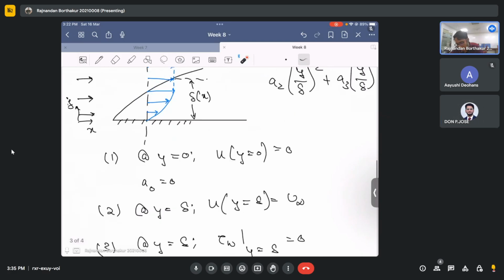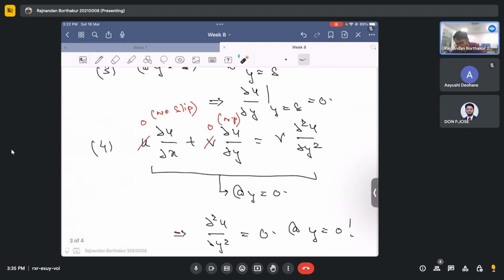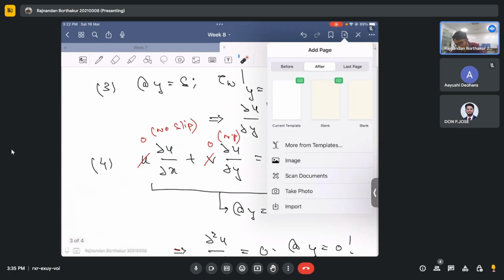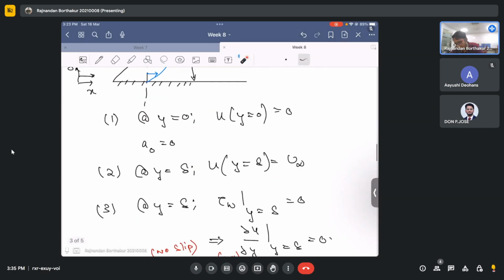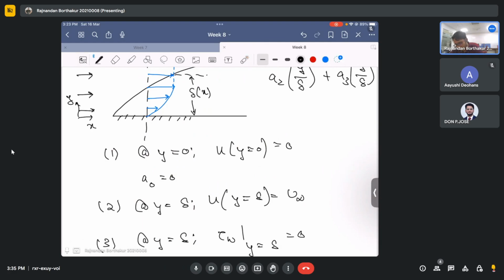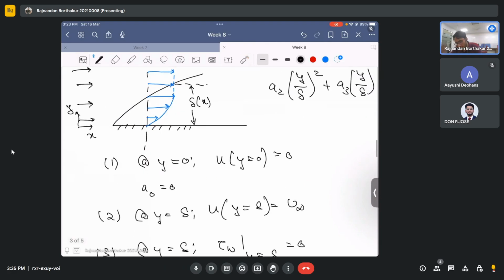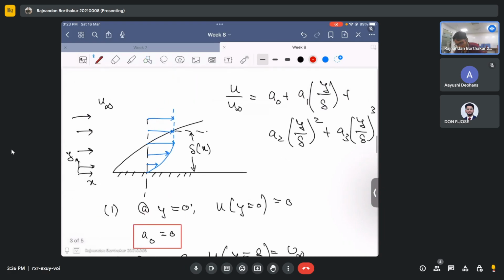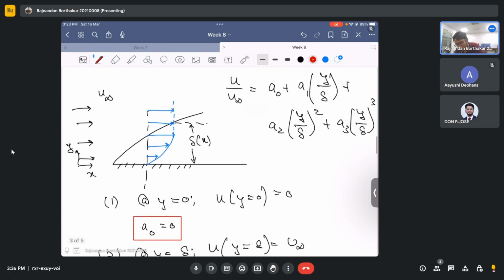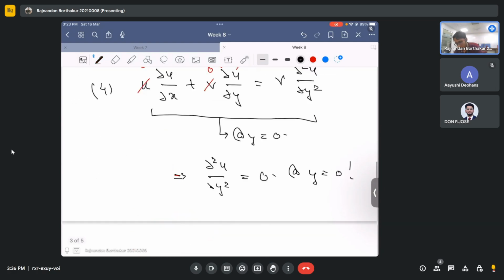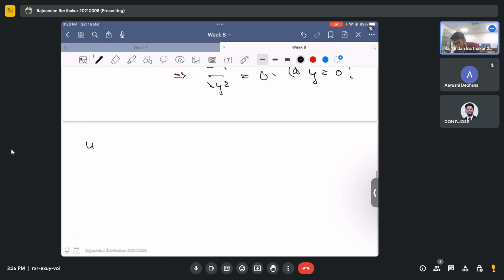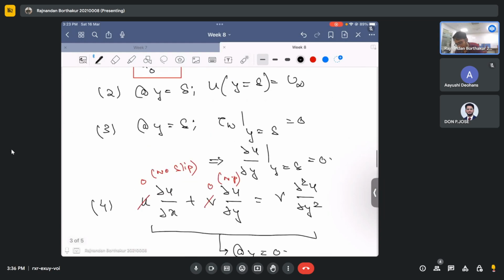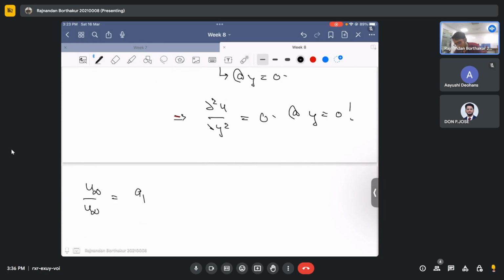But I was just thinking, let's verify this. From here we saw that a naught is equal to 0. Let's use the second boundary condition and see what we get. We apply this at y equal to delta, where u is u infinity. So u by u infinity, and a naught is 0, which means I have a1 into y by delta.